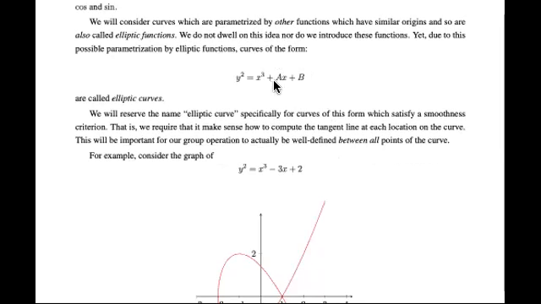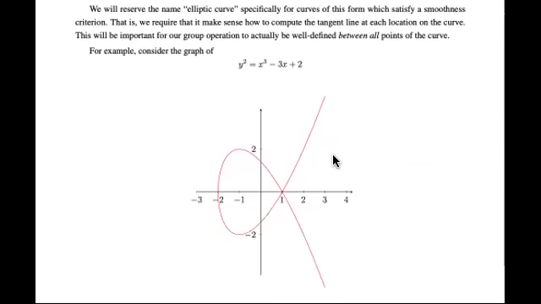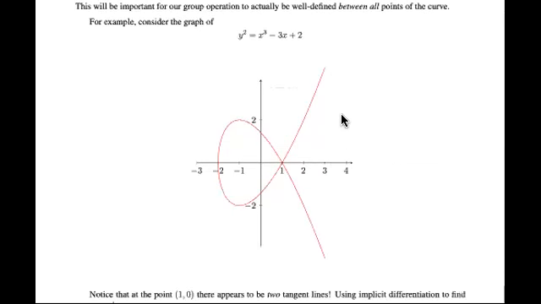Yet, for some a and b value, but we're going to reserve the name elliptic curve specifically for types of curves which satisfy a certain criterion. This one we wouldn't call an elliptic curve, at least in the sense that we want to, and that's because we're going to define an addition between points, like we're going to be adding 2 points, and that addition depends on the fact that at each point there is a unique tangent line.